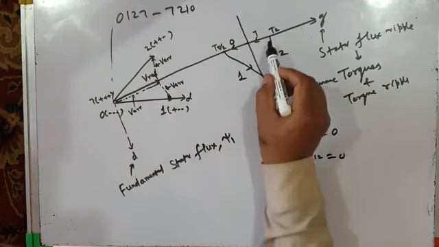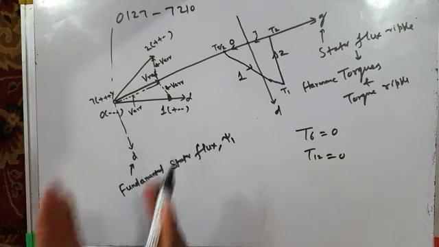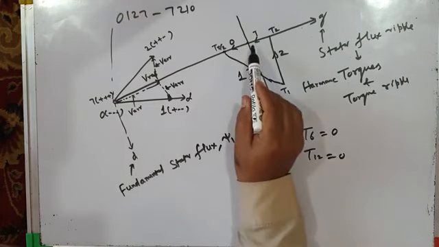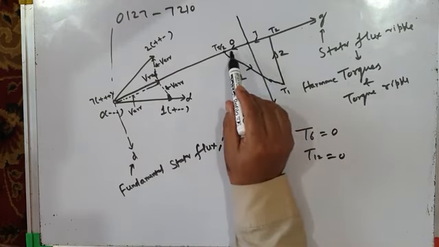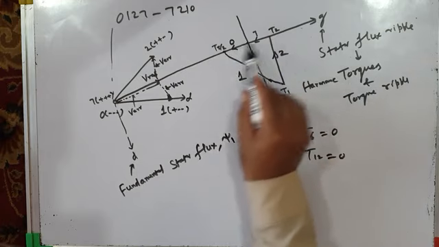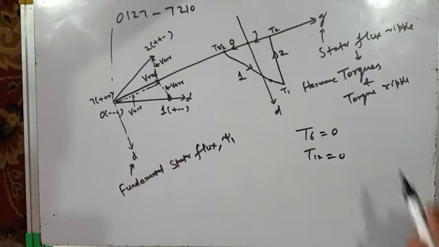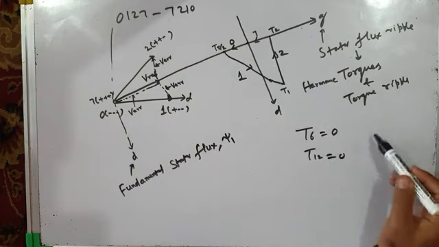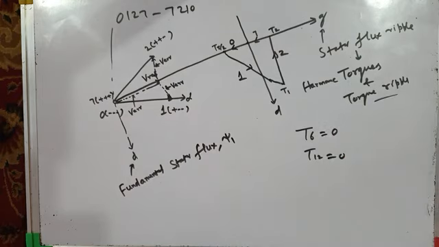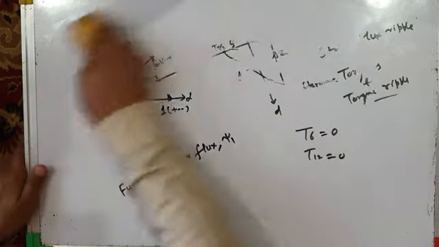In other words, you have to reduce the magnitude of stator flux ripple along q-axis. And if you are able to reduce q-axis stator flux ripple, you will be successful in reducing the magnitude of harmonic torques and hence reduce torque ripples. Okay, let us see how this can be done by various switching sequences.